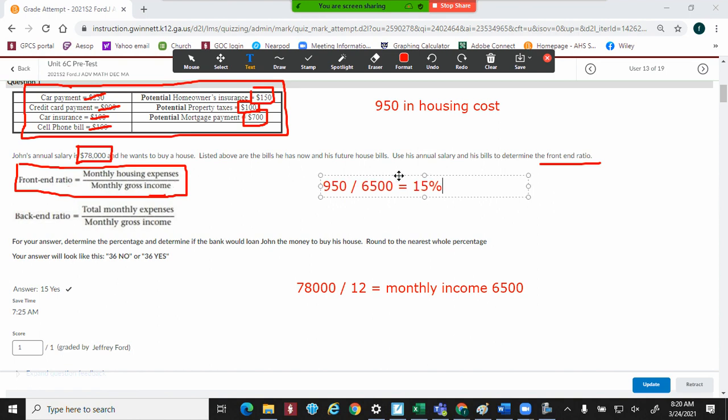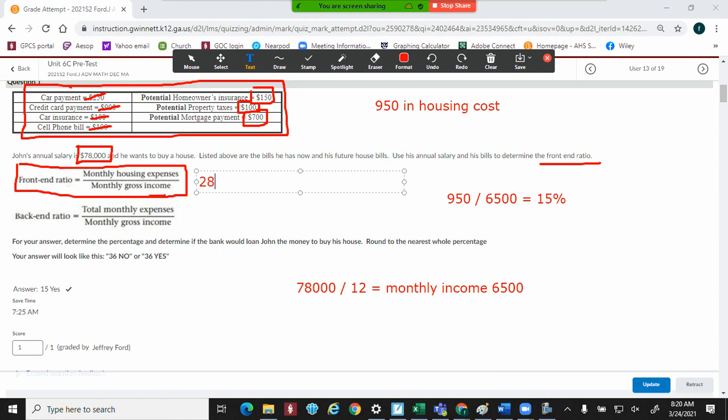Now, you got the percentage, but let's make sure we're good at what that means. Now remember, the front end ratio is something that the banks use to measure how much debt somebody is going to take on when they buy a house.